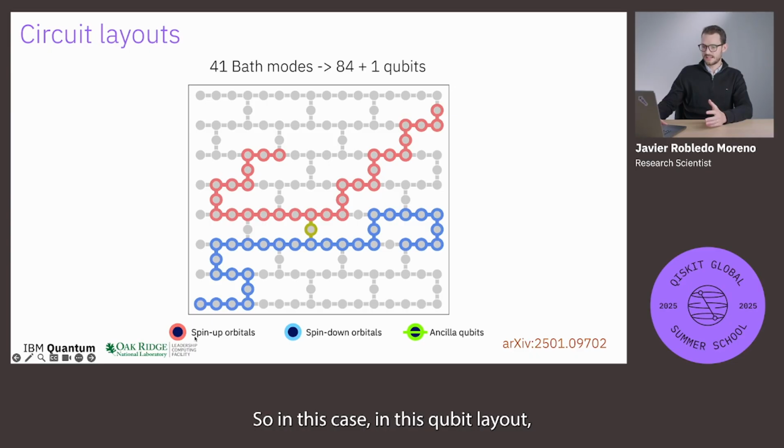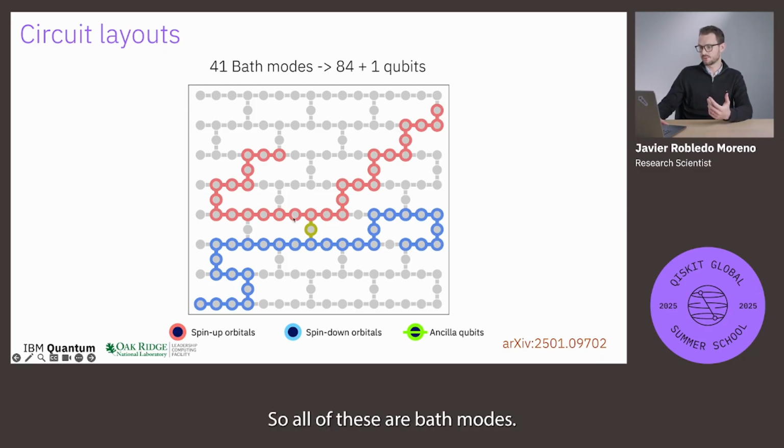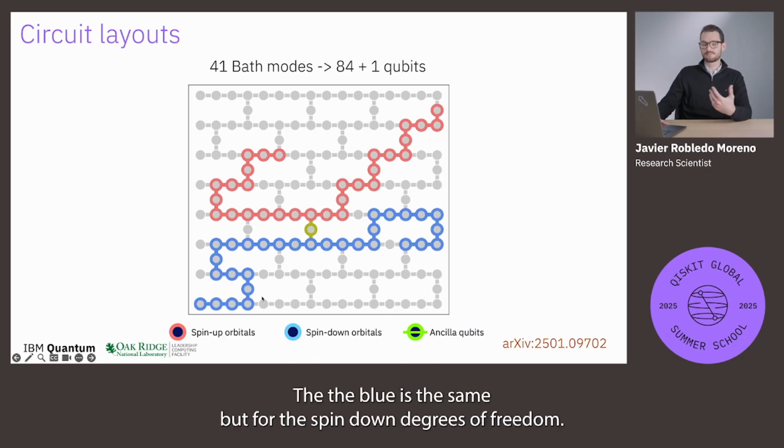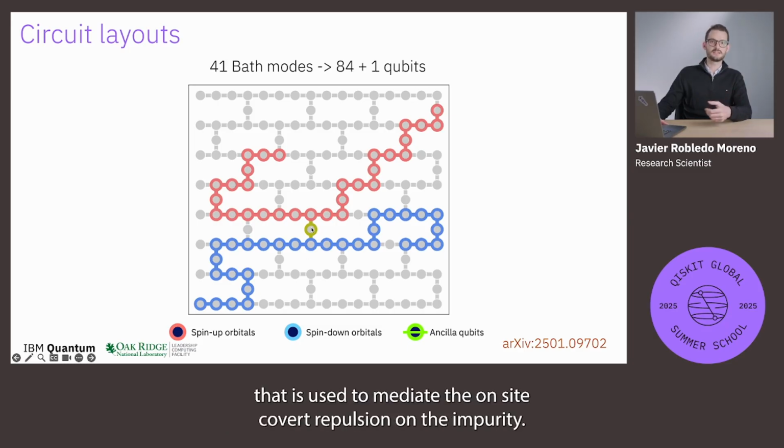So in this qubit layout, the red qubits correspond to the spin up degrees of freedom. All of these are bath modes, and this is the impurity mode, and these are more bath modes. The blue is the same, but for the spin down degrees of freedom. And as I mentioned before, the green is a qubit that is used to mediate the on-site Hubbard repulsion on the impurity.